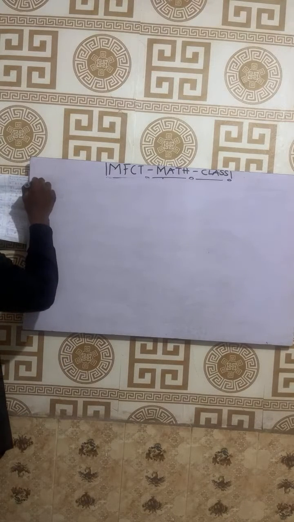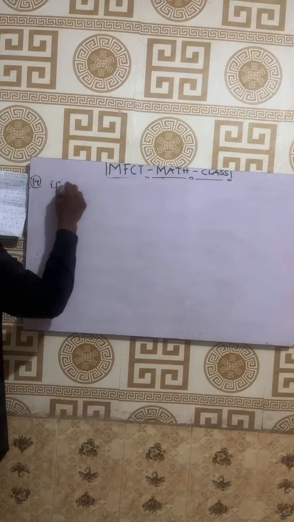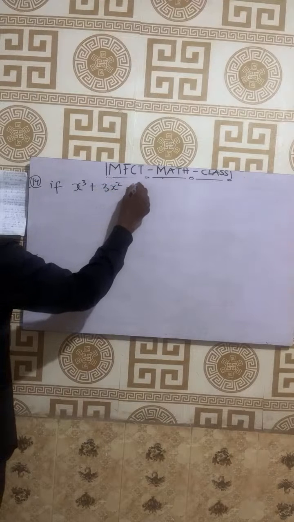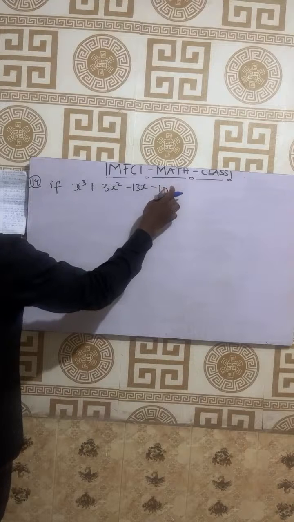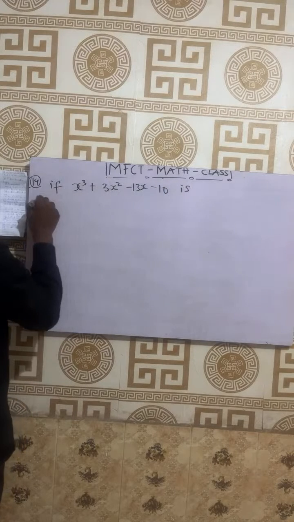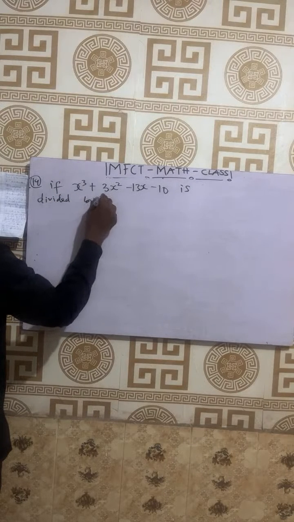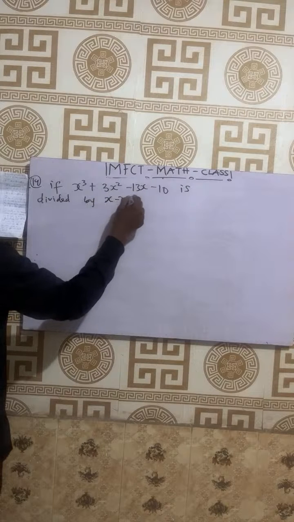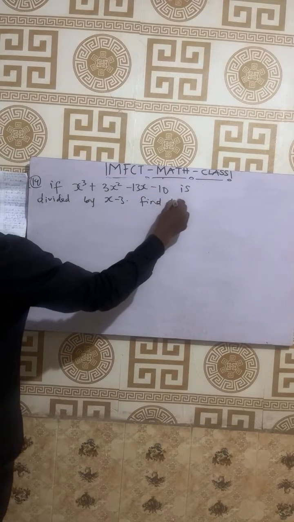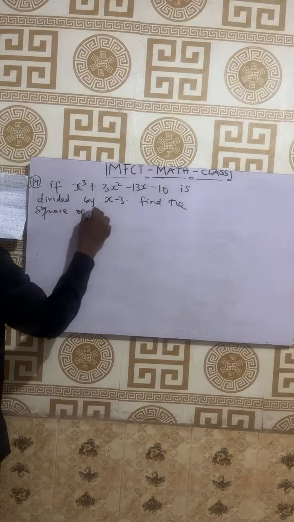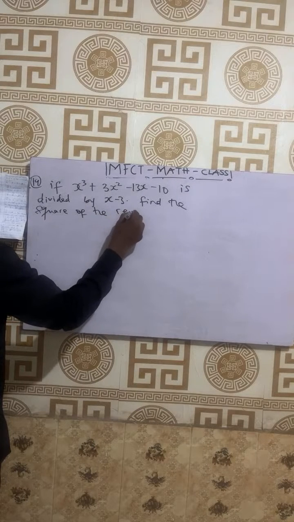So guys, in this one, the question is, number 19, if x raised to the power 3 plus 3x squared minus 13x minus 10 is divided by x minus 3, find the square of the remainder.